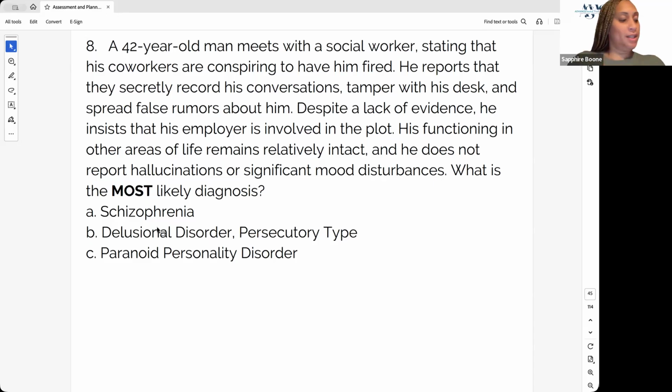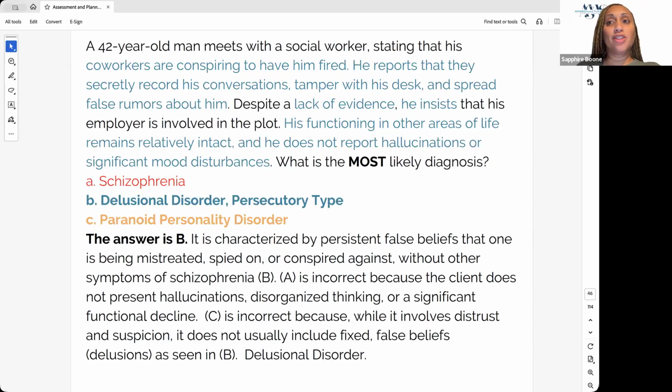All right, we were pretty 50-50 on this one. We were split between B and C, delusional disorder or paranoid personality disorder. So the answer is B, delusional disorder, persecutory type.